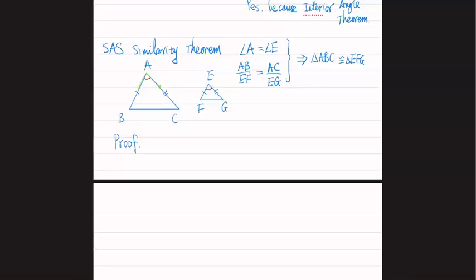Because it is a copy, I will label this F tilde, G tilde. Okay, what do we have? We have a point F on AB. Okay, this can be done. We have G on AC.